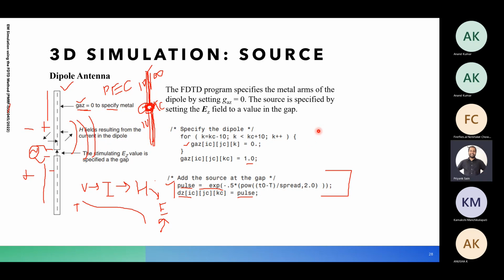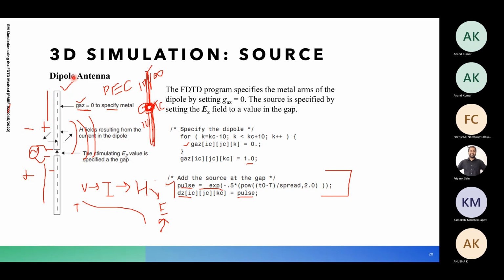Yeah, so when we are giving the pulse at the center, will it not extend to the metal side? So what is happening is, when we give the pulse at the center, the excitation happens in such a way that these wires themselves act as dipoles, and this particular system works as a dipole antenna.